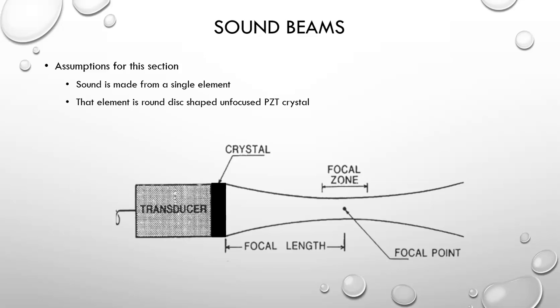And then we're going to assume that that element is a round disc-shaped, unfocused PZT crystal. When I say unfocused, I mean it just has a flat surface instead of being curved. When we utilize a crystal such as this, we get a sound beam that comes off of it, focuses down to the focal point, and then diverges out beyond that.